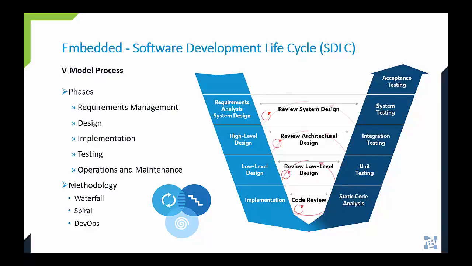On the left side, you have requirements analysis, then high and low level design, and then implementation. On the right side, you have the various verification and validation phases for each of the abstraction levels in the software development lifecycle. For example, static analysis can be performed before any code execution. Then you have unit testing, integration testing, system testing, and acceptance testing at the top.